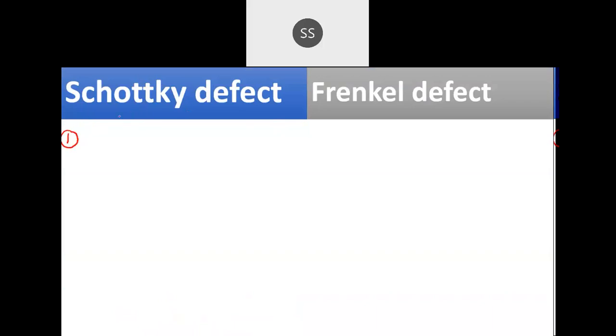Schottky defect means there is missing of both cation and anion from the crystal lattice. And Frenkel defect is where there is just dislocation of the cation from its normal site to the interstitial site.